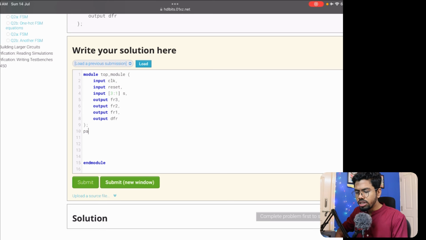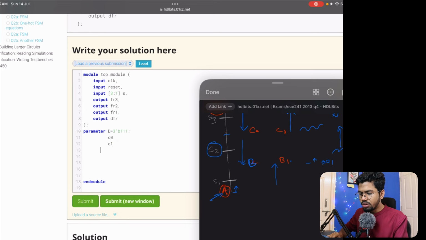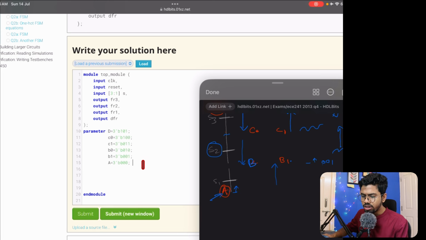So first of all, we need to decide on our states. We know we would be having 6 states, and those 6 states will have their encoding. So the first is D when we are at top. D equal to, let us say, it is 3-bit. C0 is anytime I'm coming from D down, so C0, C1, and after that we will have the rest. This is the state encoding we will do.